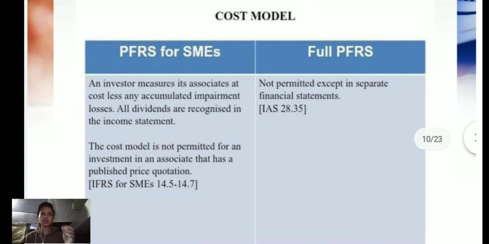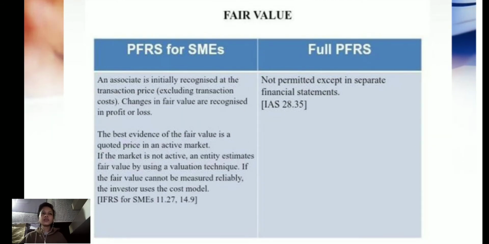All dividends are recognized in the income statement, while the full PFRS does not permit it except in separate financial statements. In the fair value model under PFRS for SMEs, an associate is initially recognized at the transaction price, which includes the transaction cost, and changes in fair value are recognized in profit or loss. The full PFRS also does not permit it except in separate financial statements.